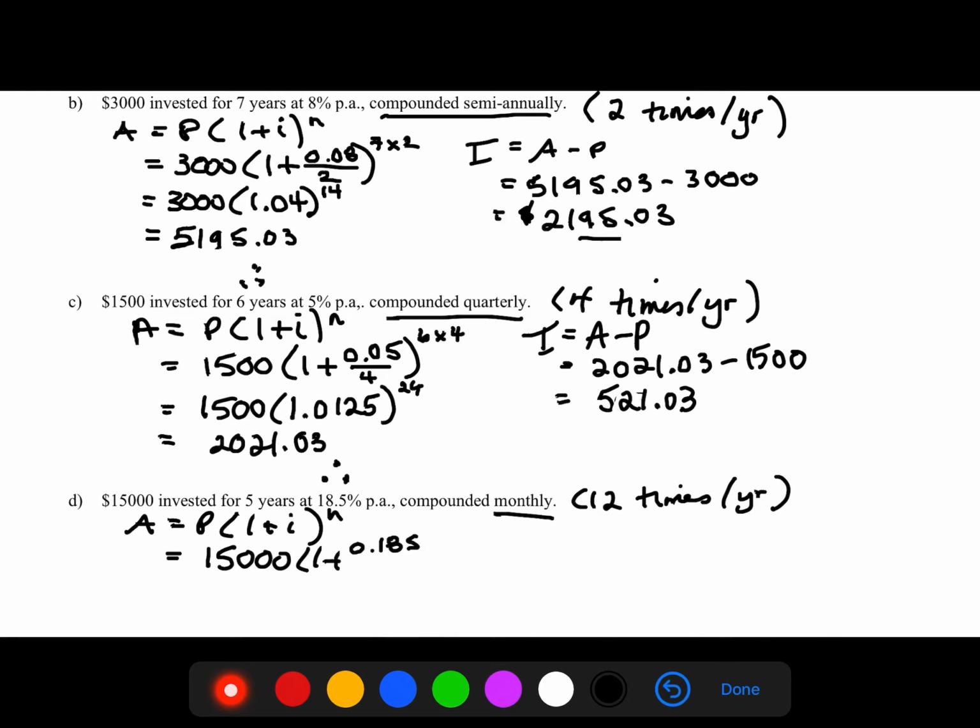So we have our principal of 15,000 times 1 plus, and our 18.5% becomes 0.185, and we're going to divide that by 12. And our N, we have 5 years times 12 times a year.